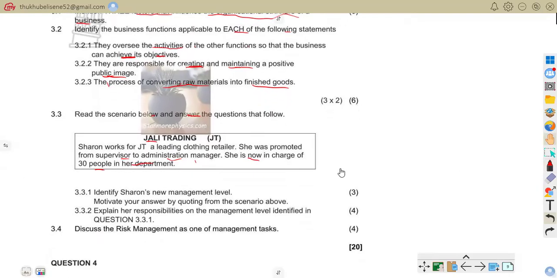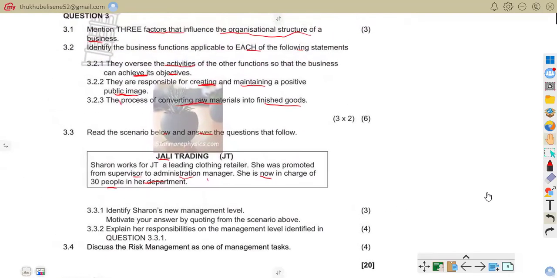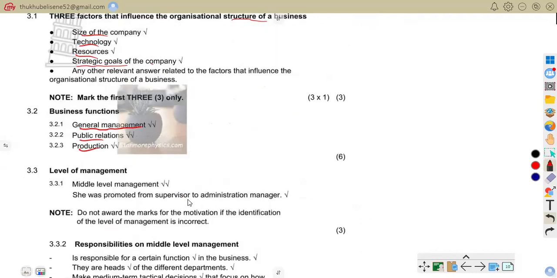So the question now, 3.3.1, says, identify Sharon's new management level. She was promoted from supervisor to administration manager. Now we have to talk about the level, not the position.